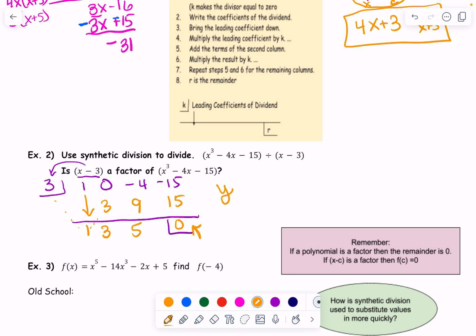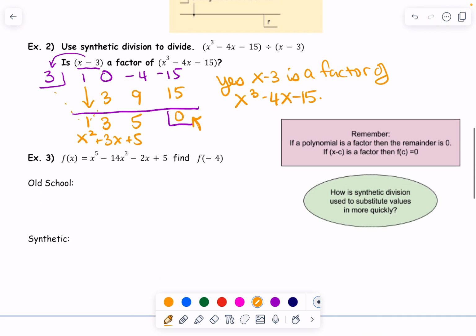So yes, x minus 3 is a factor of x cubed minus 4x minus 15. And you can also see that remaining factor, which is x squared plus 3x plus 5. So just be mindful of the fact that you are getting another factor when you get a 0.